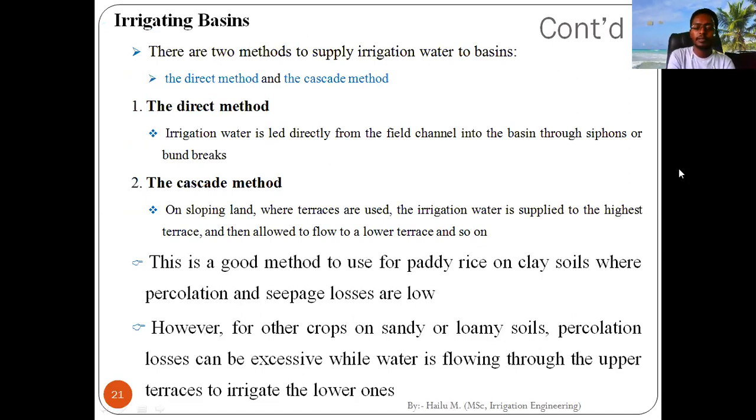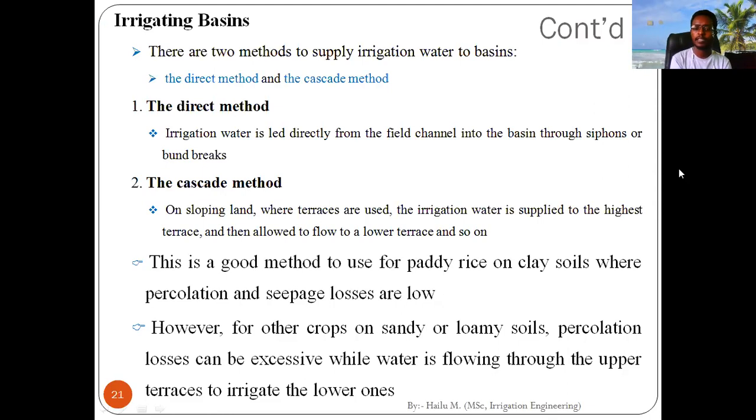Irrigating basins. There are 2 methods to supply irrigation water to basins. The first one is the direct method and the second is the cascade method. When we say the direct method, irrigation water is delivered directly from the field channel into the basin through siphons or band breaks.